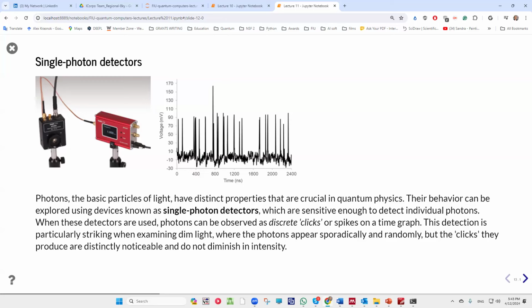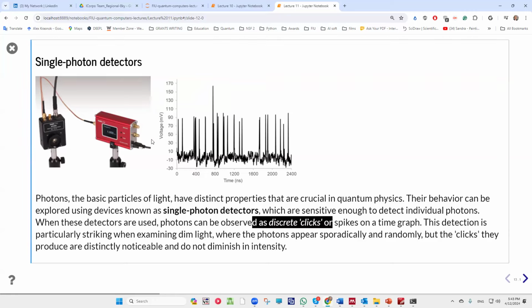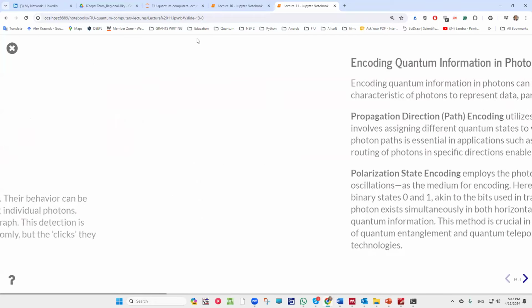So when we detect a photon, it comes as a single particle. And if we connect this detector to a speaker, we can even hear the clicks, like click, click, click. One click means a photon comes to the detector.